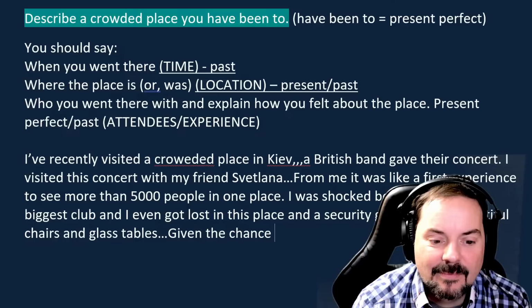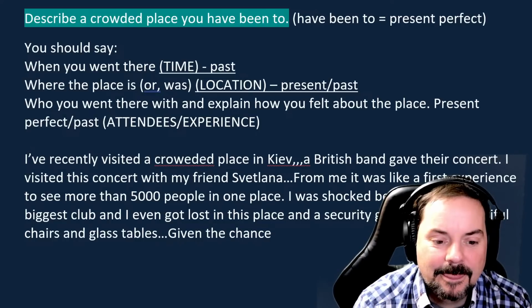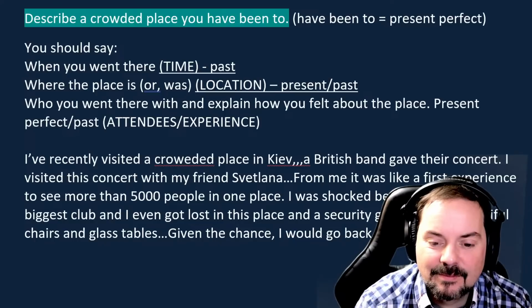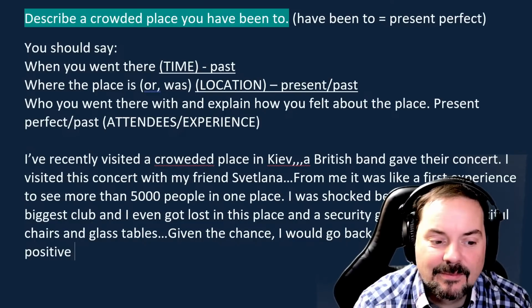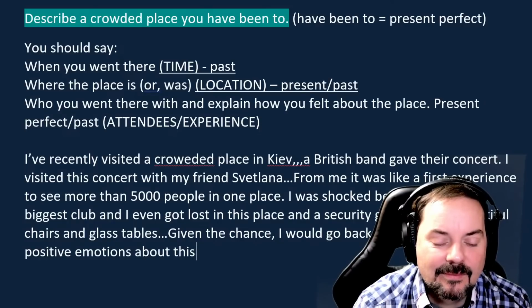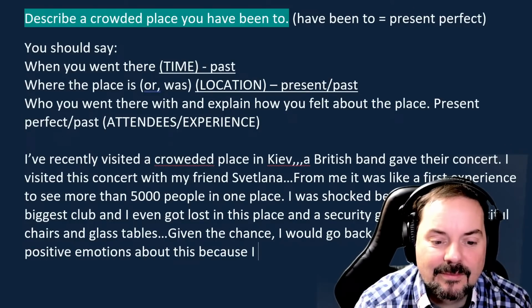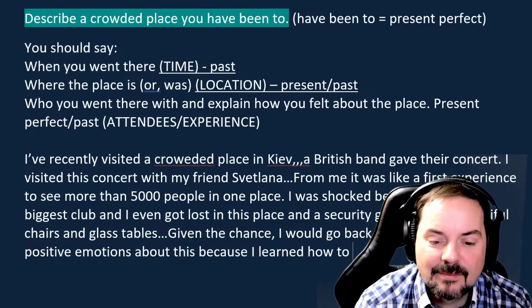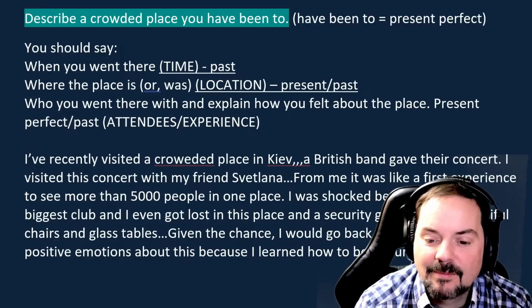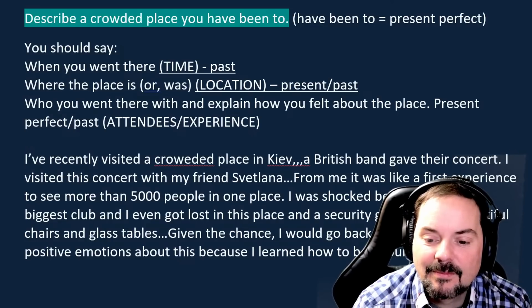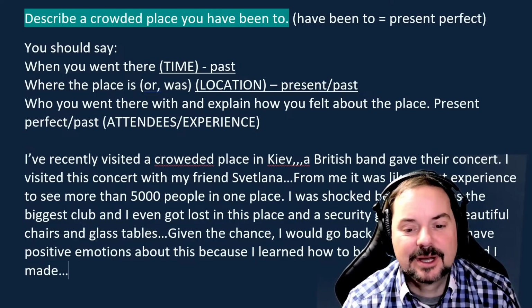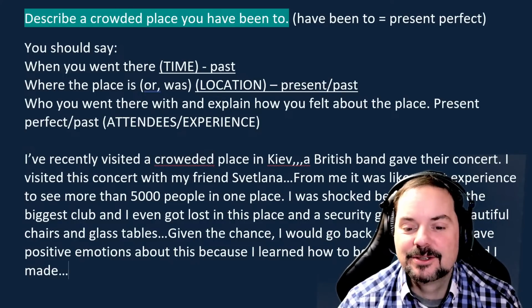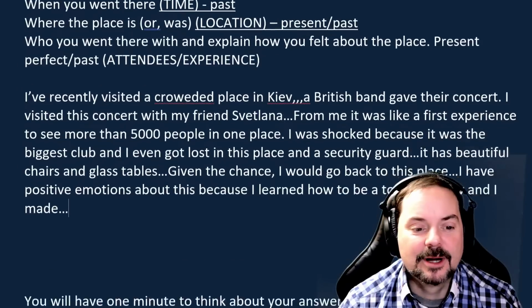I think it's one of the best places to visit live concerts at all. And I have positive emotions about this because I learned how to be a tourist in Kiev, and also I made lots of positive feelings, and made some friends. Okay, your time is up. I will stop you there, and we will now go on to part three.